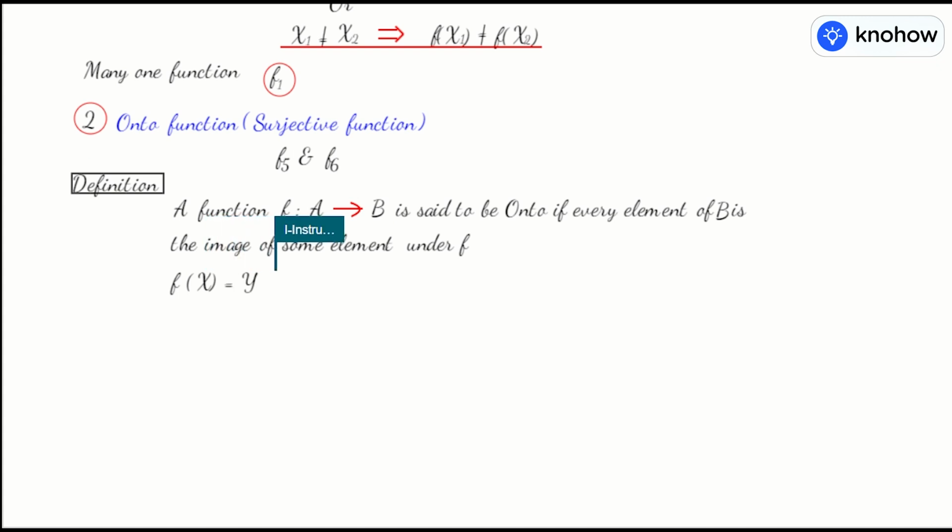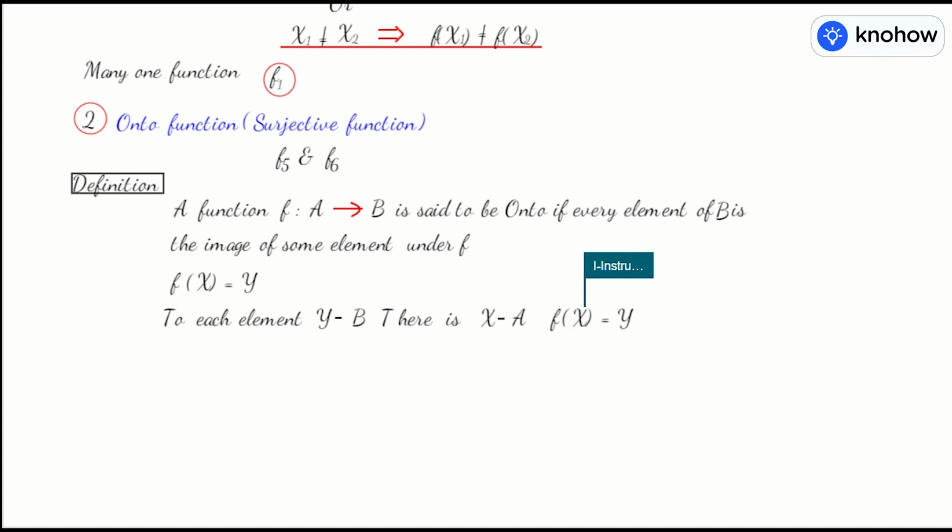For each element y in set B, there is some element x in A such that f(x) is equal to y. That means in each room somebody is living. That is different, in that there may be more than one student living in a particular room.